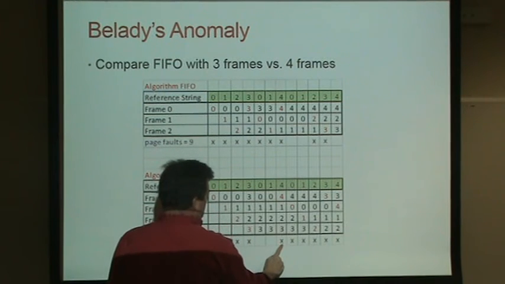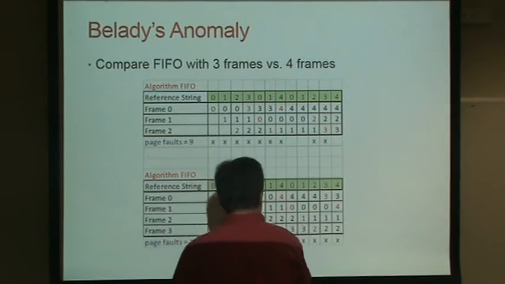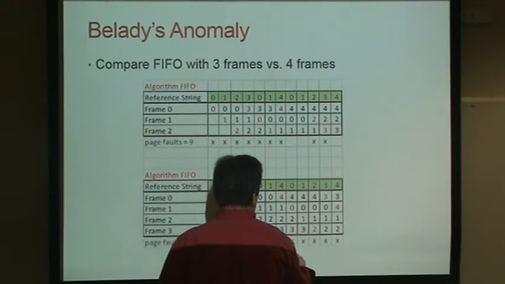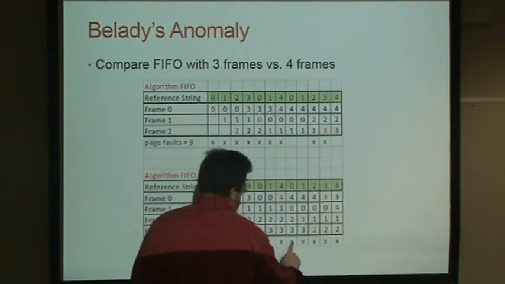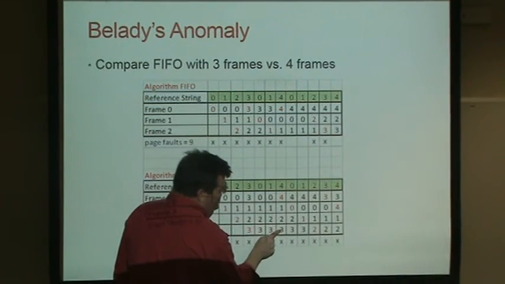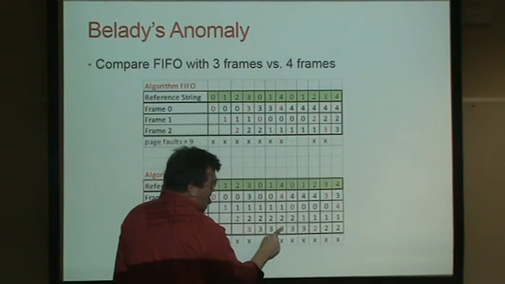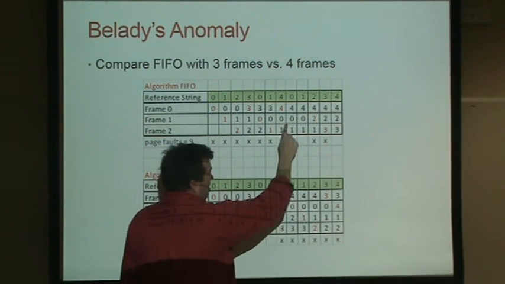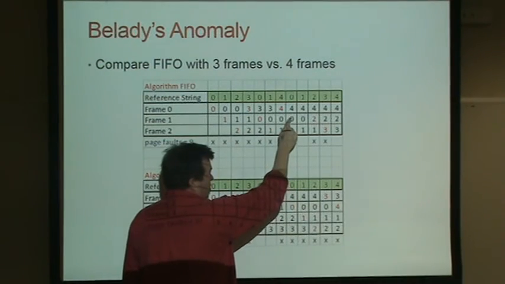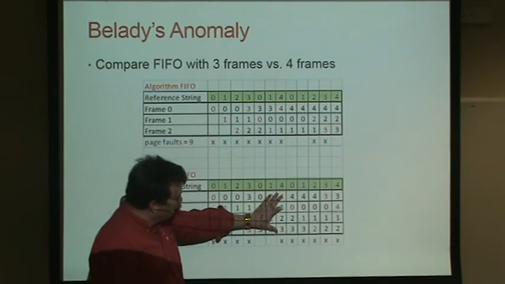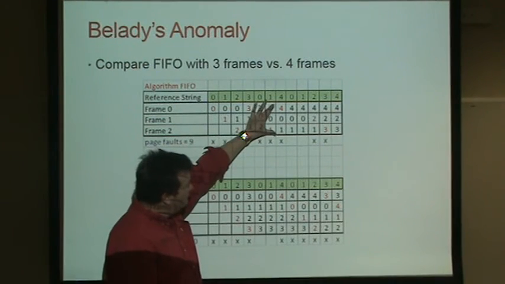Okay, so when we had 1, 2, 3, and 4 in memory, and 0 was the next one that was being referenced, we had a page fault. But when we only had 3 of them, we had 0, 1, and 4. 0 was in memory. So that's why 4 frames ended up being worse than having 3 frames.